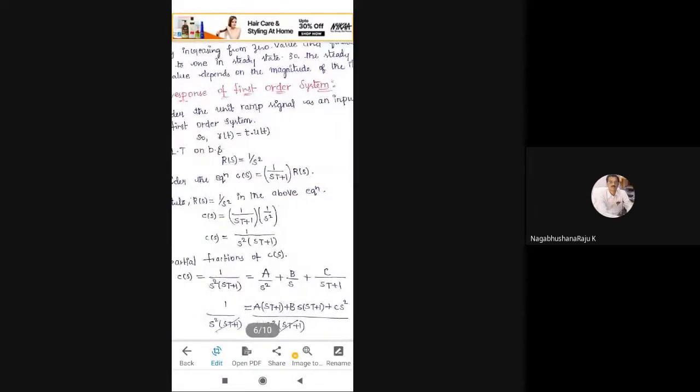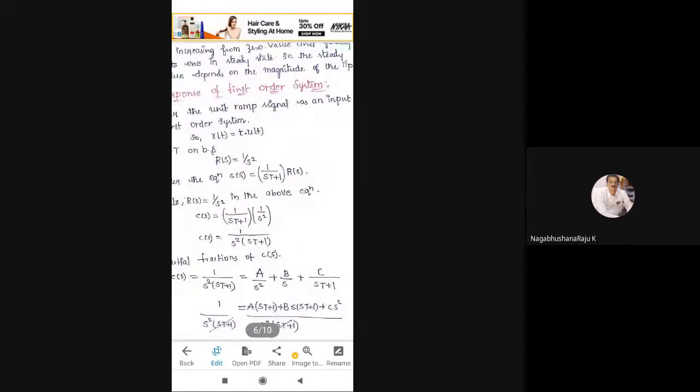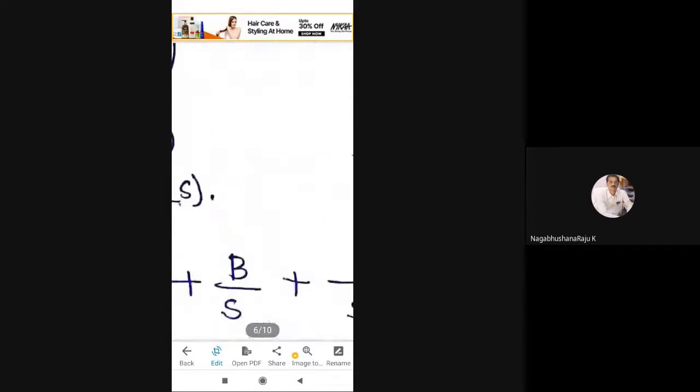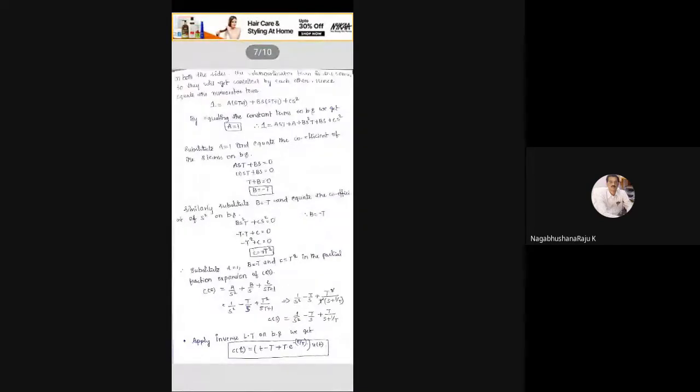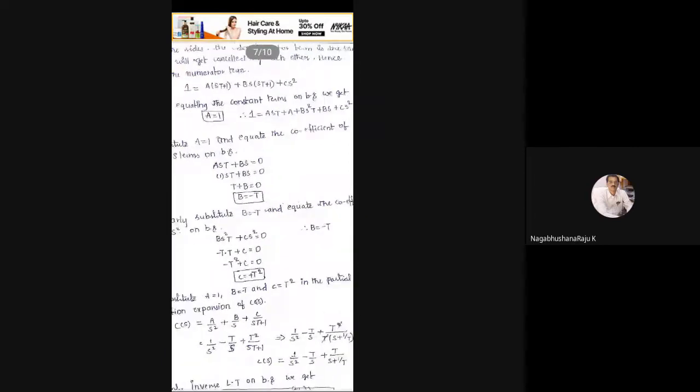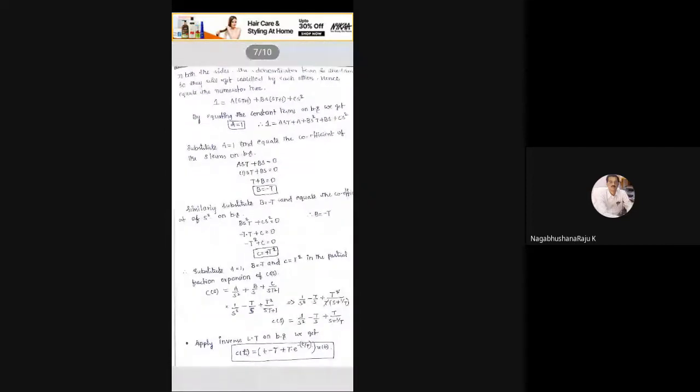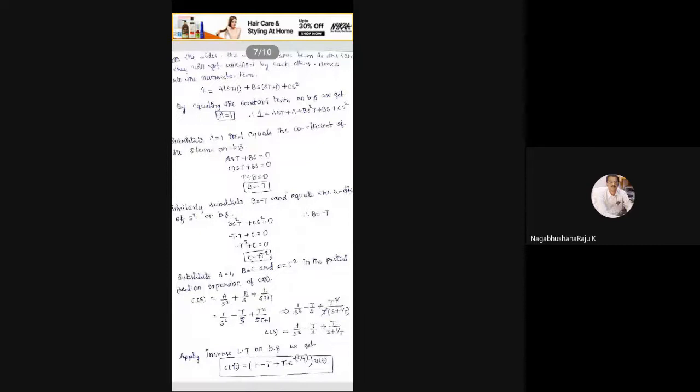The denominator terms get cancelled because both the denominators are same. By cancelling the denominators, we get 1 equals A into (sT plus 1) plus Bs into (sT plus 1) plus Cs square. By equating the constant terms on both sides, we get A equals 1.